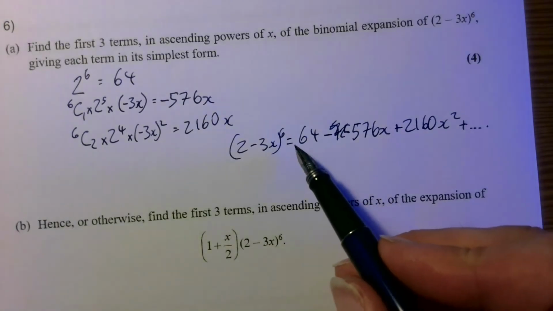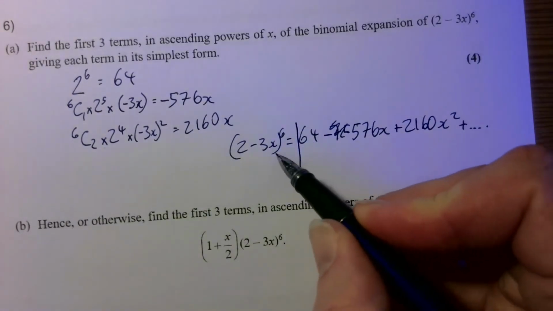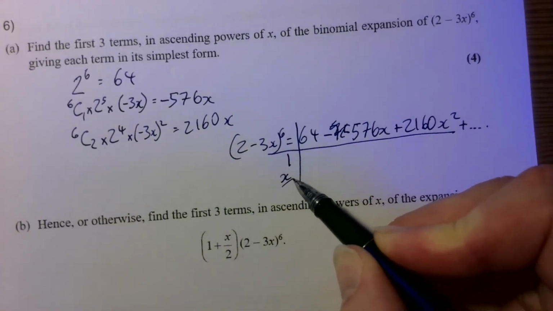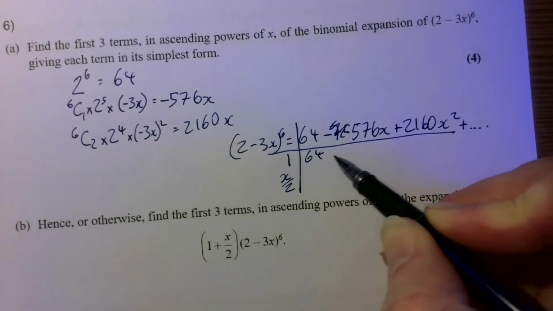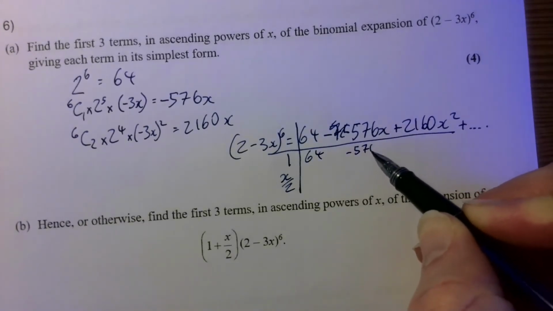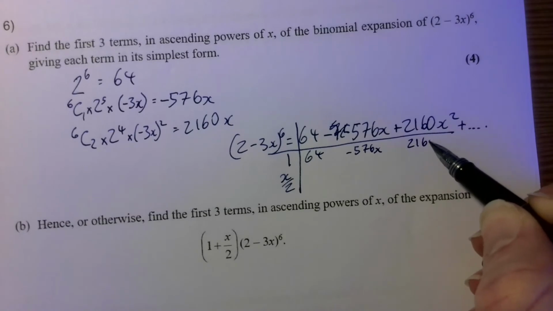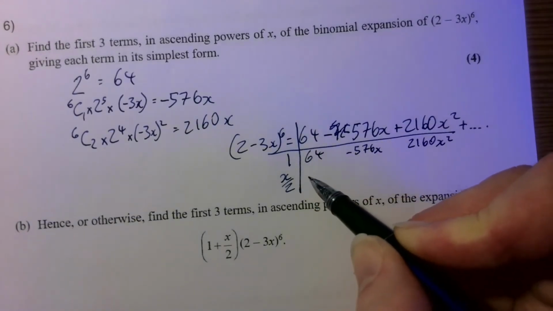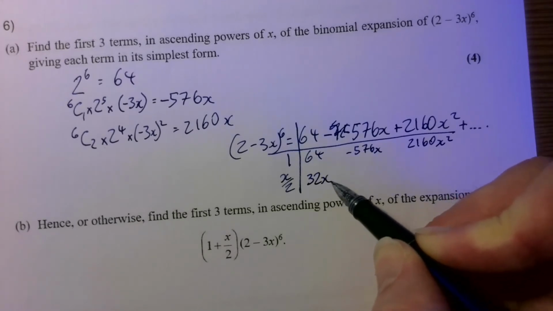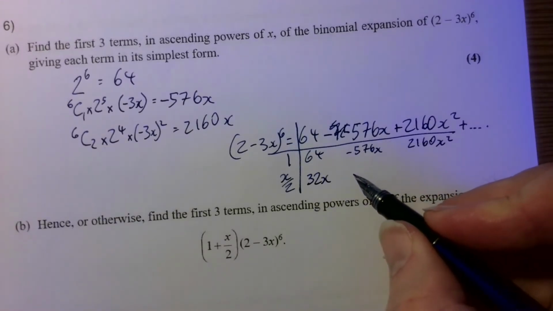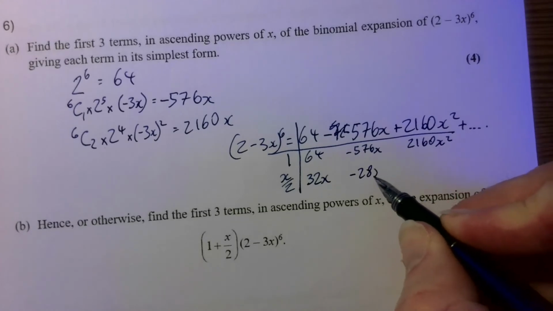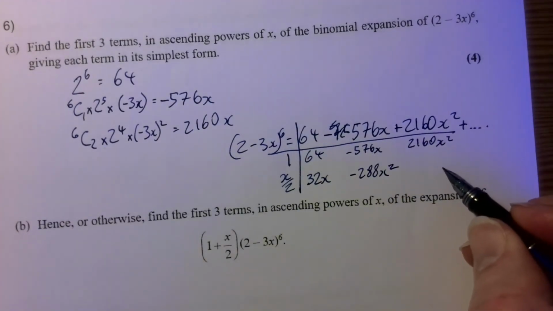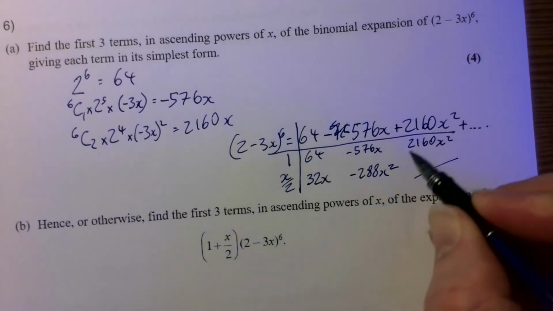Hence or otherwise find the first 3 terms in ascending powers of x of this expansion. Well, we take what we've done there and we multiply it by this bracket. So I've got the 1, I've got the x over 2. 1 times 64, all of this is going to be just the same as it was before. And then I need to do 64 times a half is 32, so that'll be 32x. Half of 576 is 288, so that's negative 288x squared. And I don't need these ones because they're x cubed.